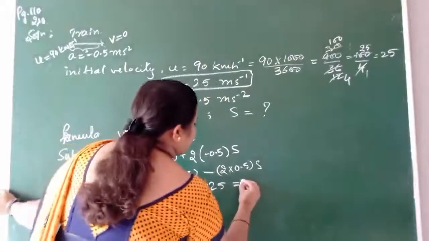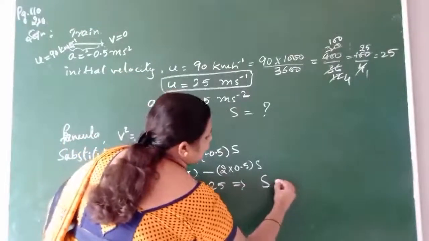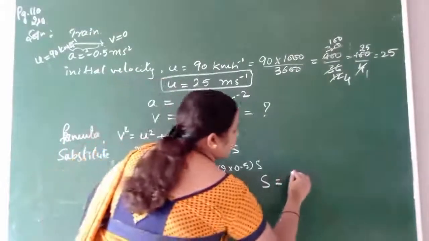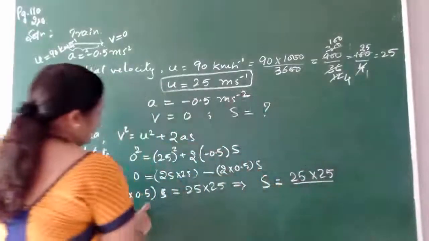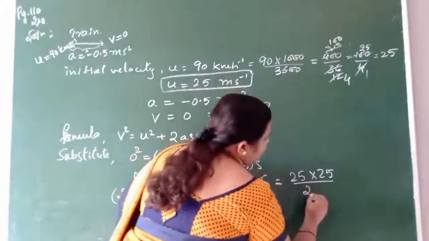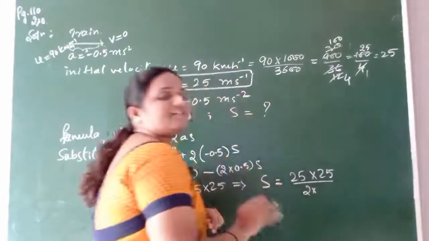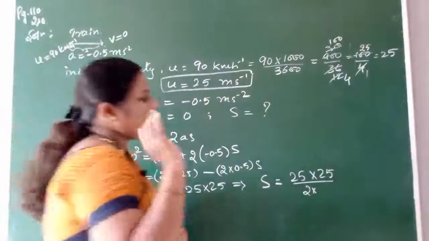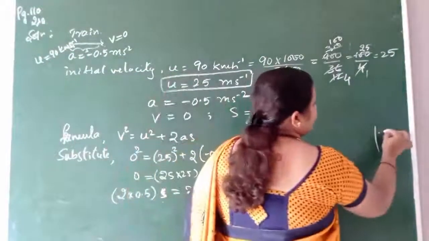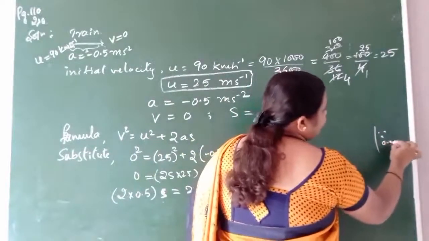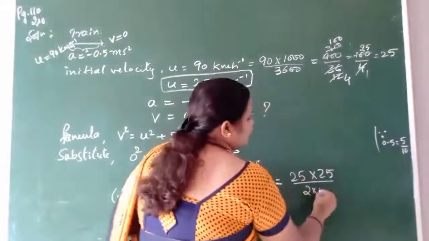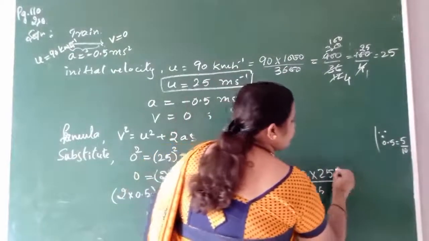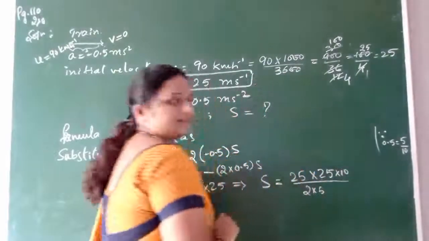This can be written as s is equals to 25 into 25 divided by 2 into 0.5. 0.5 can also be written as 5 divided by 10 children, because you can do that here, isn't it? 0.5 is equals to 5 divided by 10. So this 10 goes to the numerator, means here we have to write.